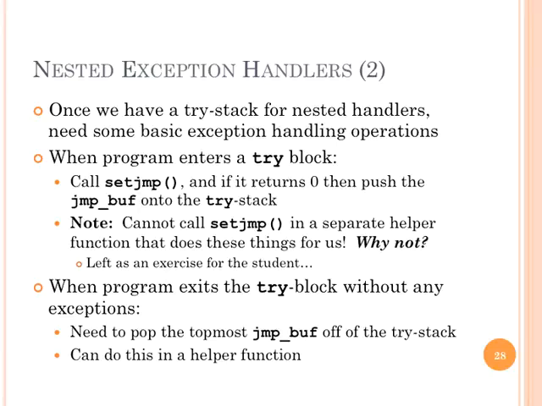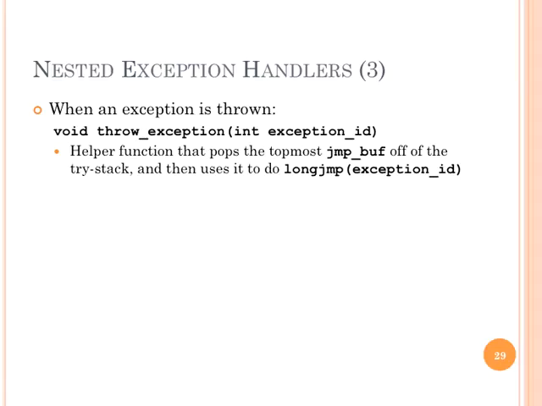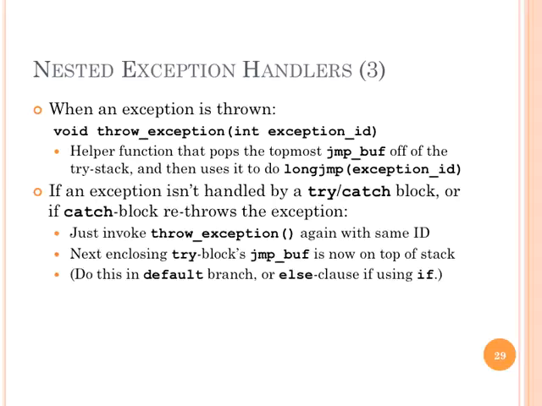You're leaving the try block, so you pop your try block's jump buffer off of that stack. And like I say, you can do this in a helper function. That's okay. When you throw an exception, you have some helper function that basically calls long jump for you with the exception ID. And like I say, it pops the topmost jump buffer off and then uses that jump buffer to go back to the enclosing try block to see if it can handle it.